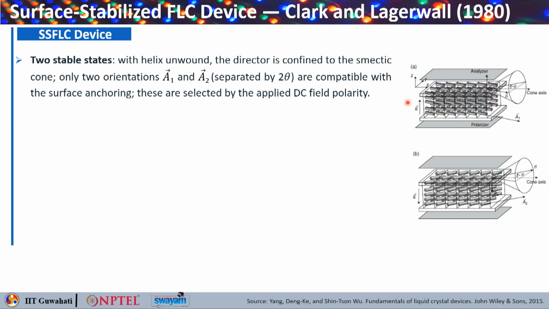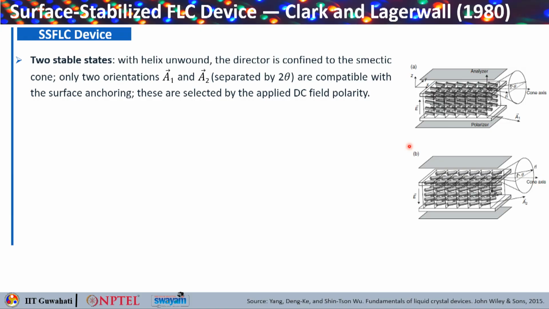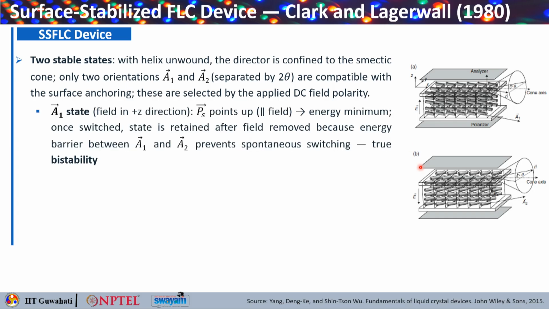So there are two stable states, like this. With the helix unwound, the director is confined to the smectic cone, and only two orientations are possible, one is this A1, another is this A2, which are separated by 2 theta. These two are compatible with the surface anchoring, and these are selected by applying the DC field polarity. So when you say this particular A1 state, here the field is in the plus z direction, right?